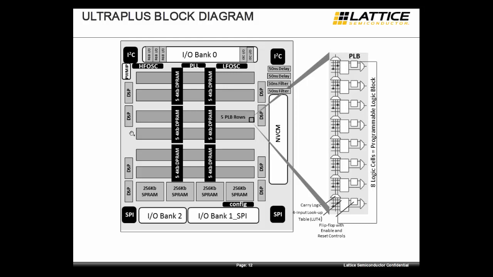There will be a slide later on showing the details of the DSP blocks. There is a power control module in order to control the power consumption of the device, putting the device in a sleep mode or reducing the power of certain sections of the device.